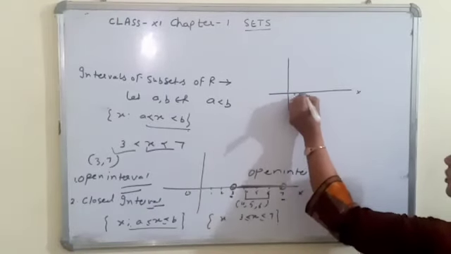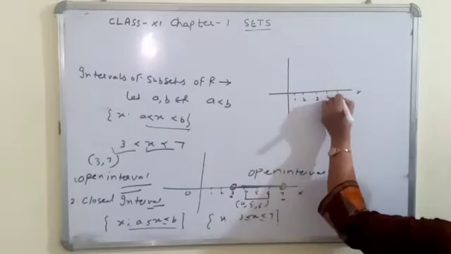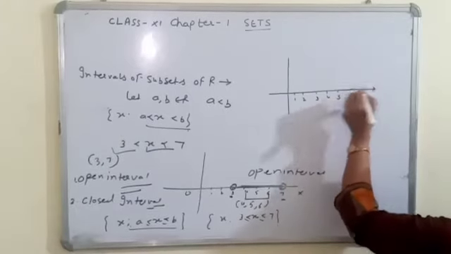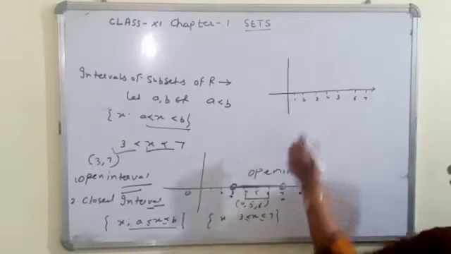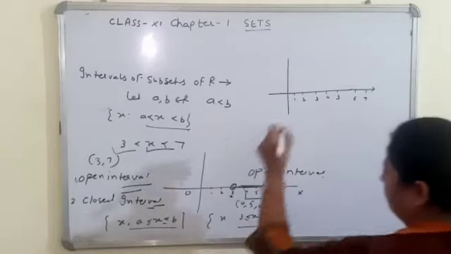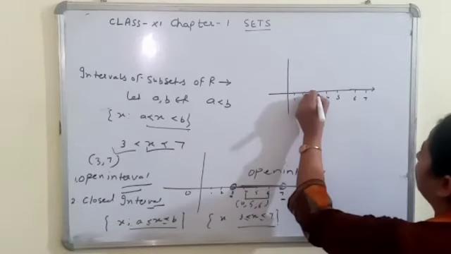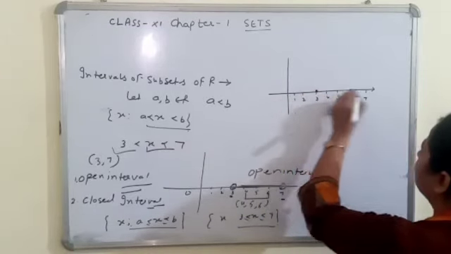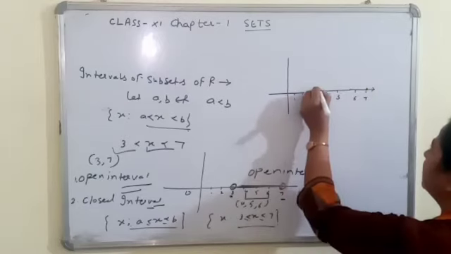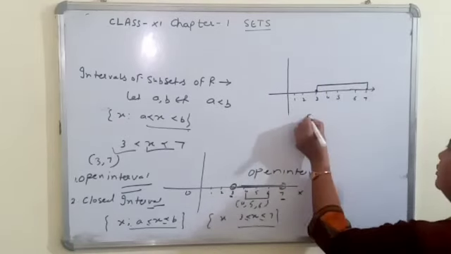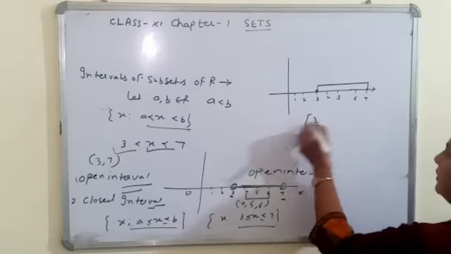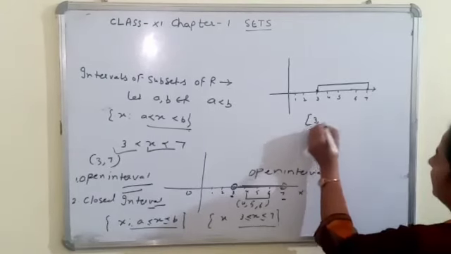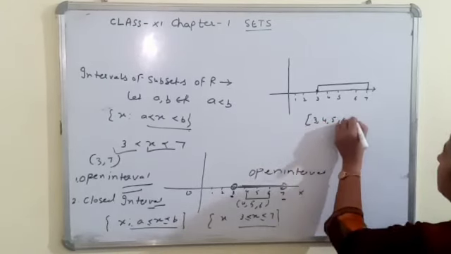This is the x-axis 1, 2, 3, 4, 5, 6 and 7. Now we have to write from 3 to 7 including the end values. It means 3 and 7 are also included in it and we will write it this way: 3, 4, 5, 6, 7.